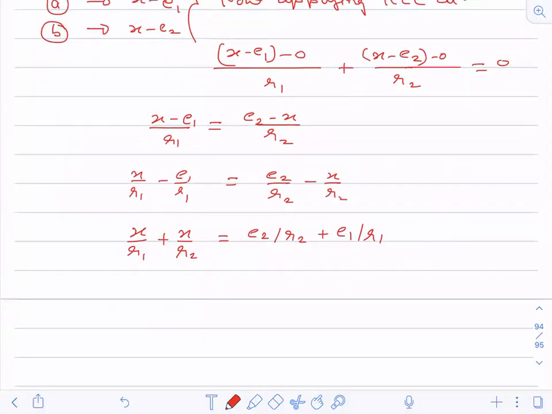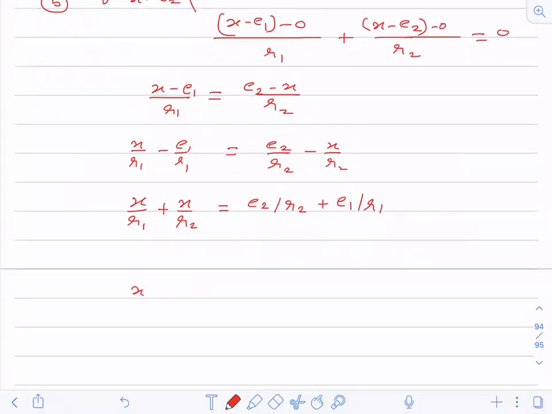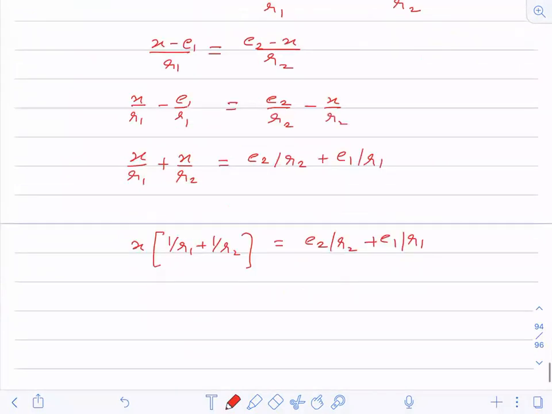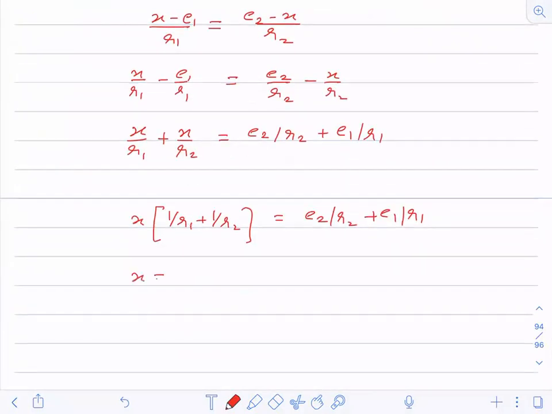Taking X common, I have 1 by R1 plus 1 by R2, and on this side E2 by R2 plus E1 by R1. So the value of X is (E1 by R1 plus E2 by R2) divided by (1 by R1 plus 1 by R2).